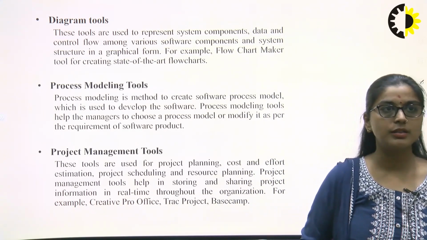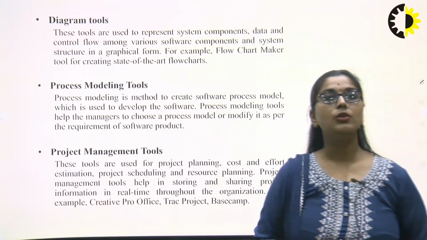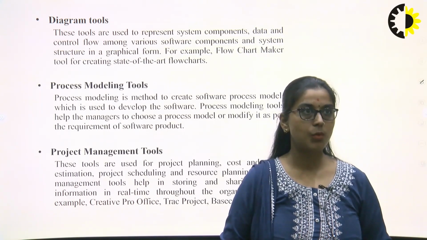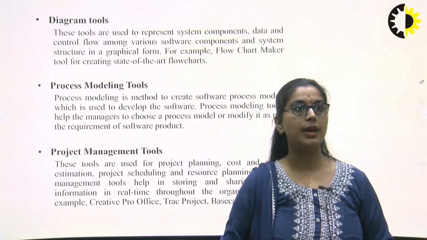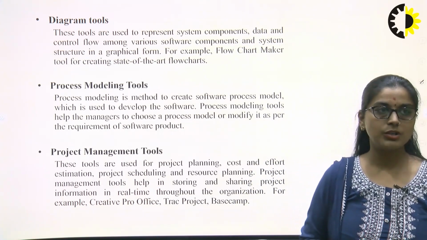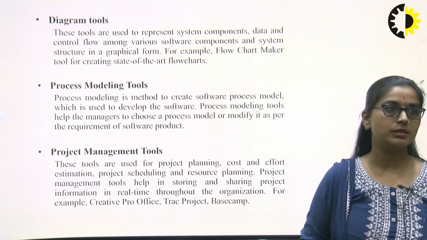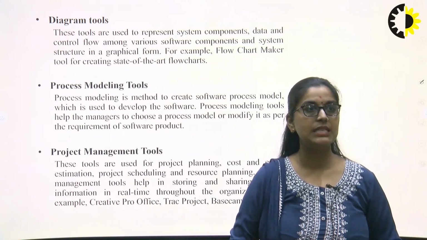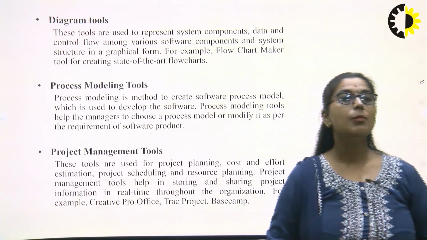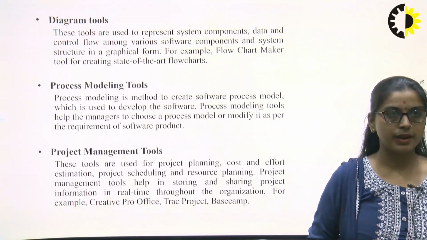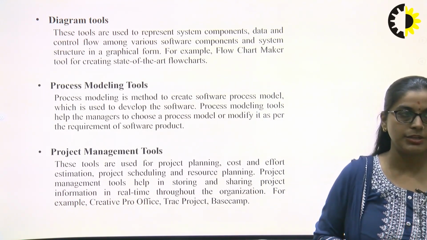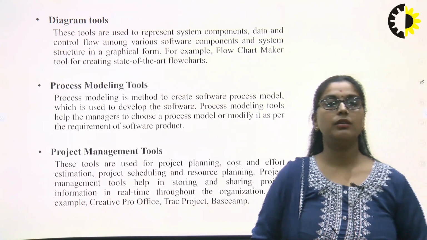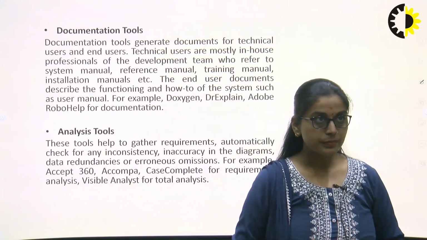Process modeling is basically used to create a software process model which is used to develop any software. And the project management tools, like Creative Pro, Pros, Track, Project and Basecamp, are used for project planning, cost and effort estimation, project scheduling and resource planning as well.